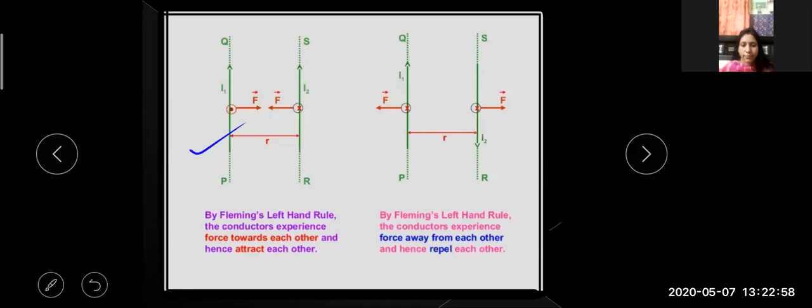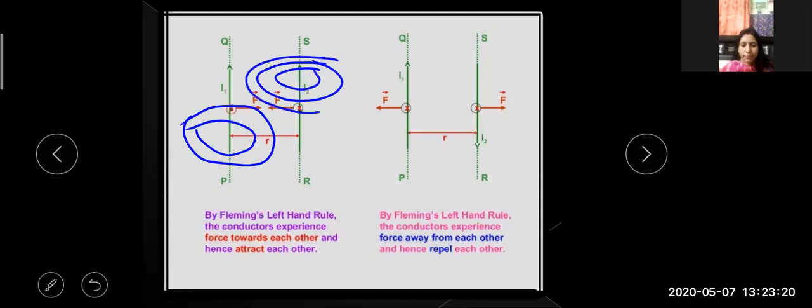For the first case, as we have done, the magnetic field lines due to PQ are given by this, right? And the magnetic field lines due to RS we can draw like this, so the direction of the magnetic field is this.